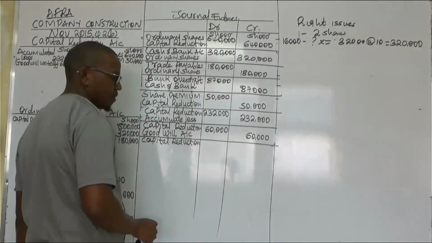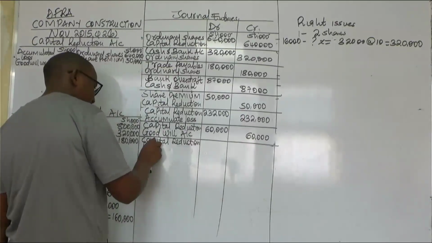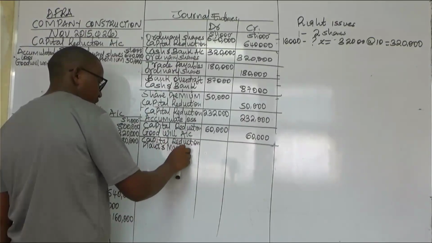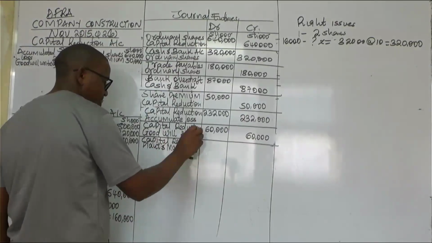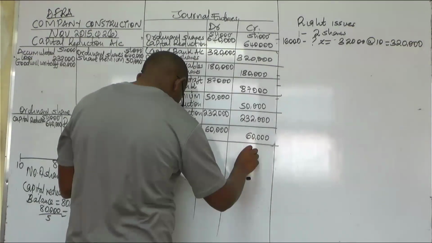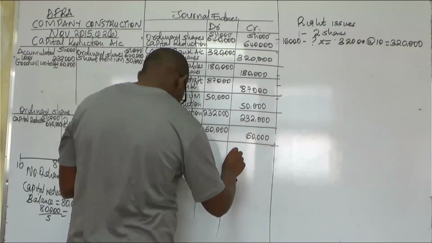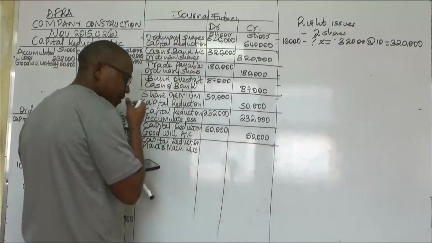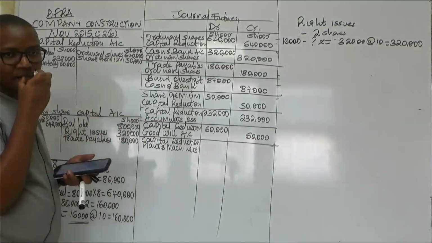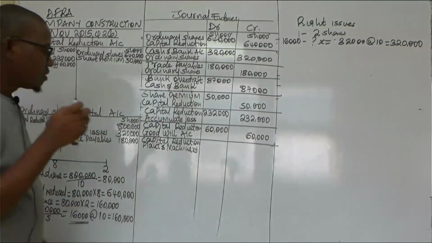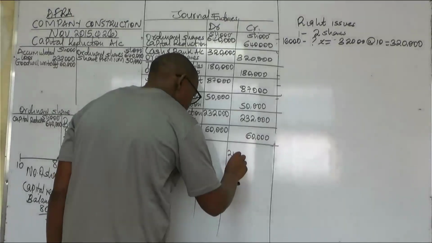No. I will credit the plant and machinery. Plant and machinery ni ngapi? It was reduced by how much? The difference? 201.